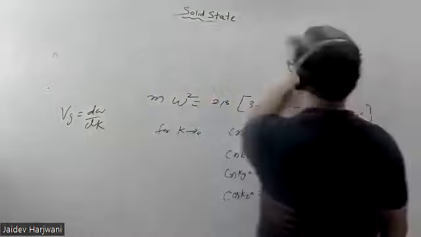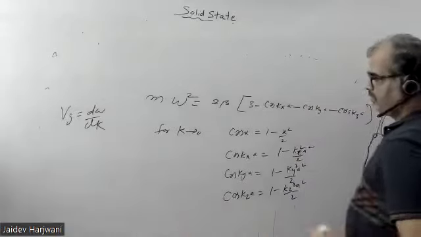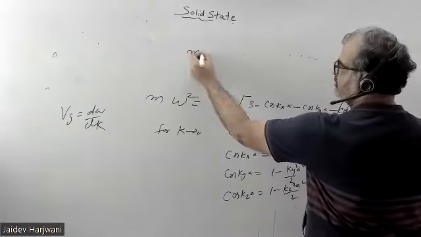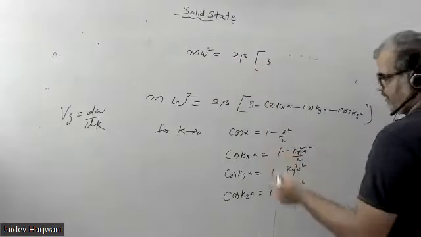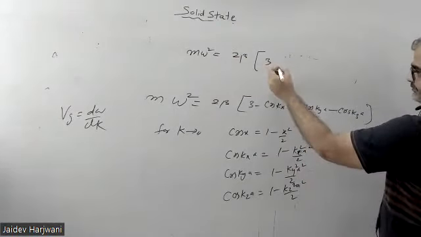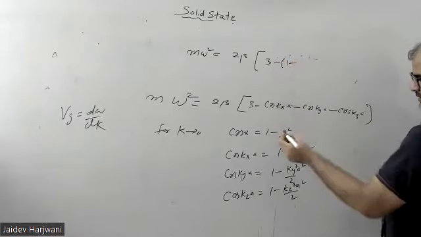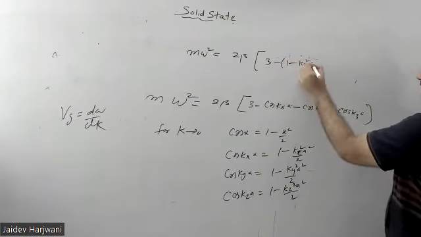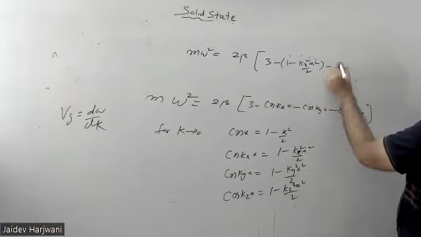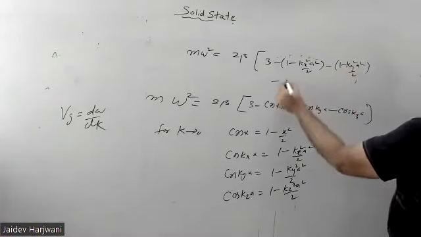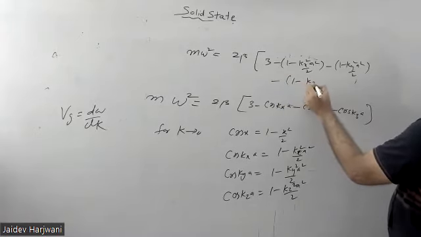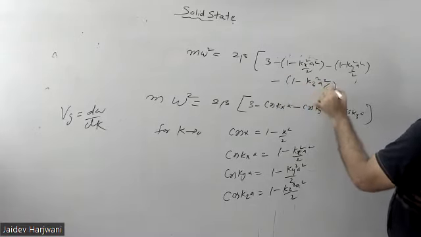So omega square equals 2 beta by m, times 3 minus 1 minus kx square a square by 2, minus 1 minus ky square a square by 2, minus 1 minus kz square a square by 2.